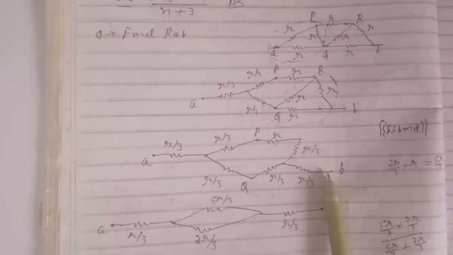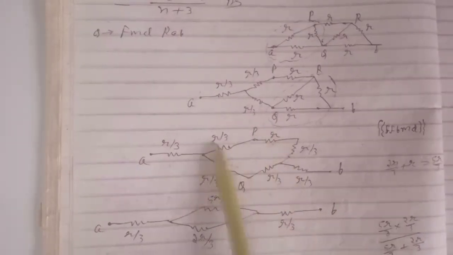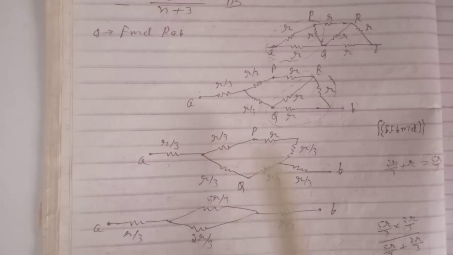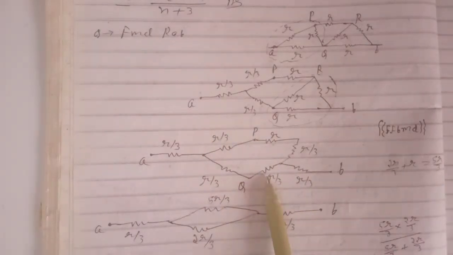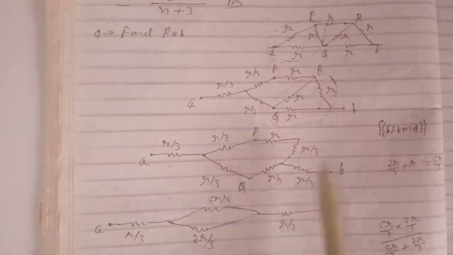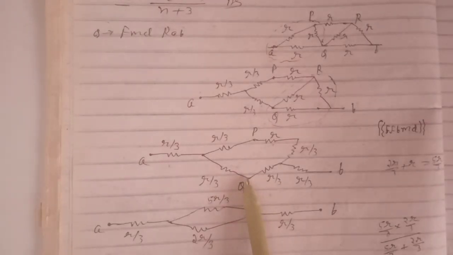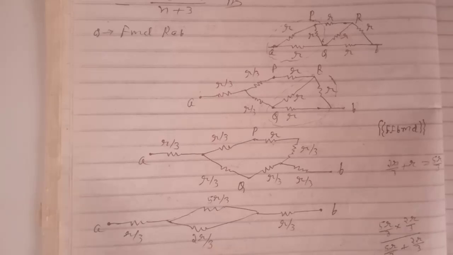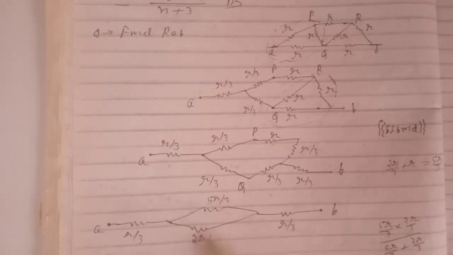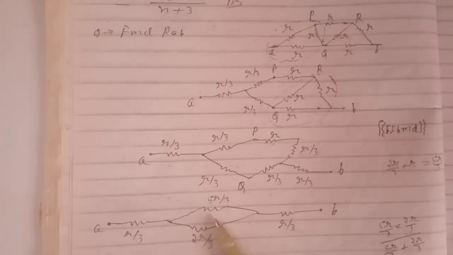Now in this diagram we see that these three are in series, and these are in parallel. Again these are in series, so we get the equivalent resistance, which comes out to be 5R by 3, and the equivalent of this will come out to be 2R by 3. Again this is in parallel, so calculate using the parallel formula, and the equivalent resistance will be in series with these two.